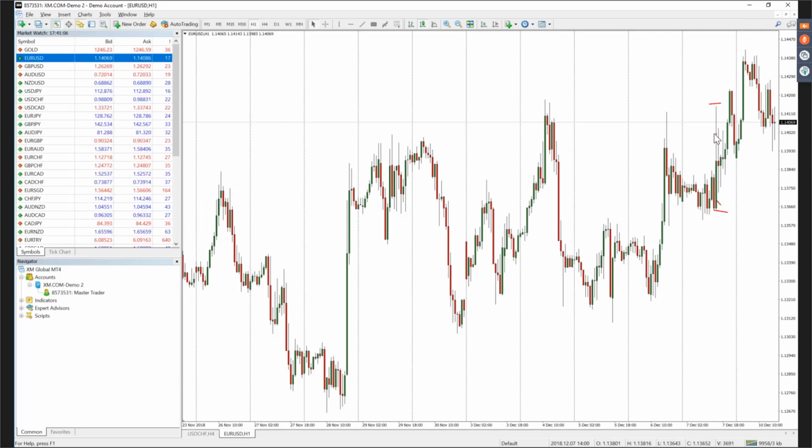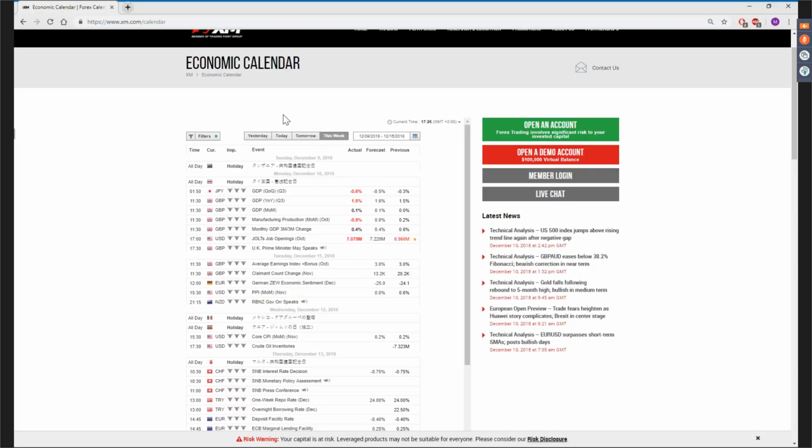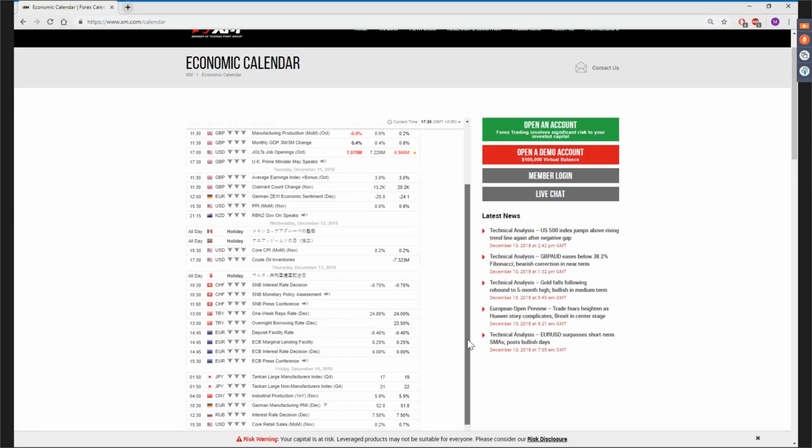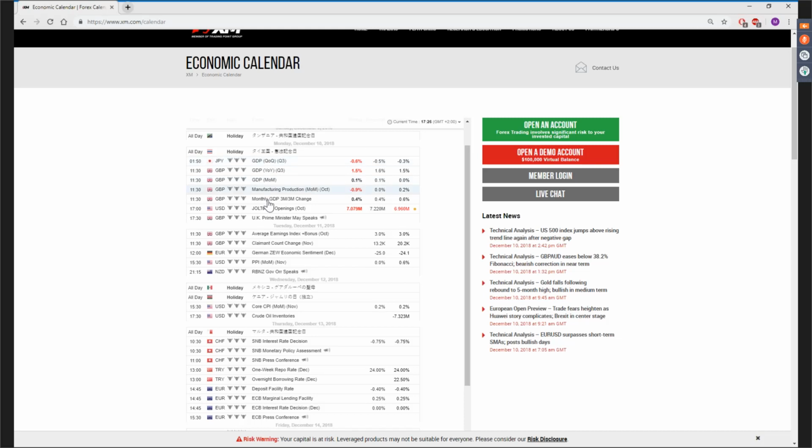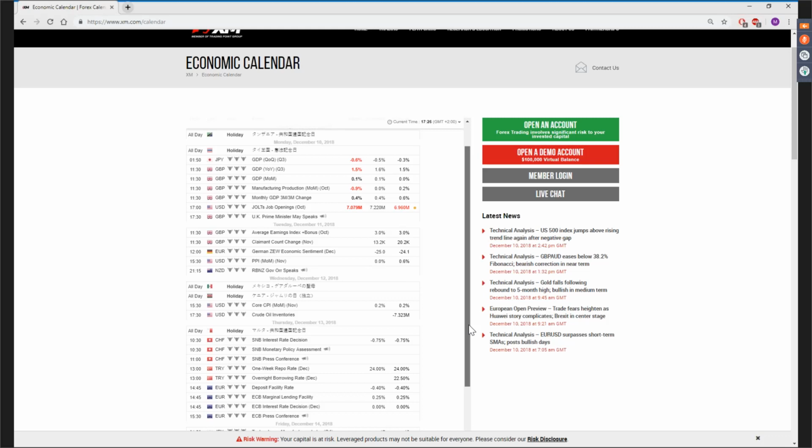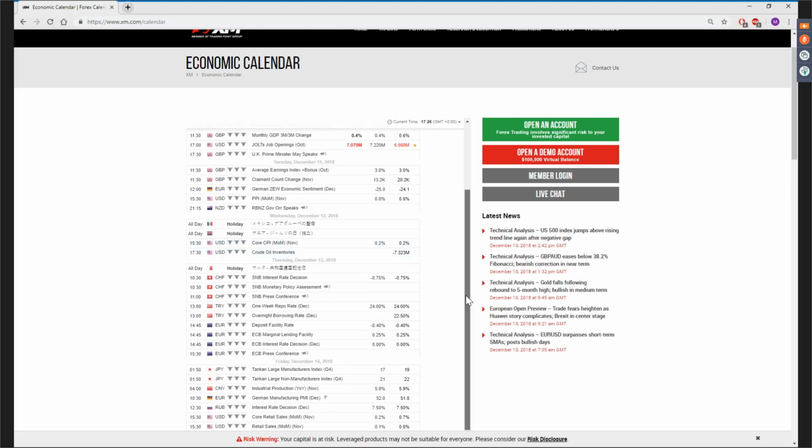But again, if you want to build a little bit more experience on how news can affect the market, this week is a week filled with news. There's the GDP tomorrow in the early hours of the morning for the Japanese yen, then the GDP for the sterling pound. Then the other big announcements of the week, I would say, are maybe this core CPI, but don't expect too much from it.